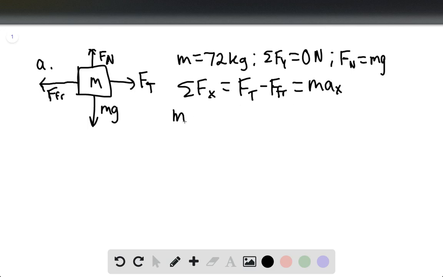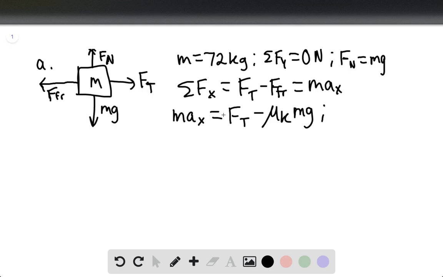So ma sub x equals force of tension minus mu k F N. Here F N equals mg. So the force of friction will equal the coefficient of kinetic friction times mass times gravity.